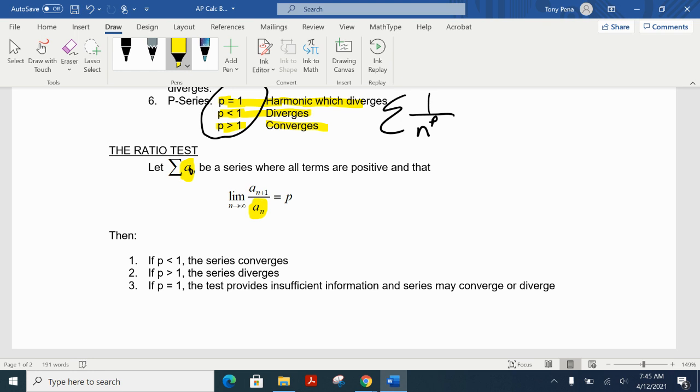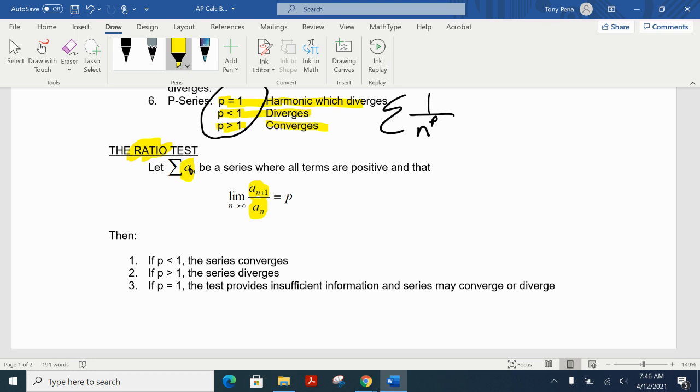When we set up this ratio as a fraction, if you think back to when you would have done sums and differences, one of the words you would have talked about is a ratio, it's a fraction. The denominator of that fraction is going to be the original a sub n. The numerator is going to be a sub n plus 1. All right, and then we'll show what that means here in a second.